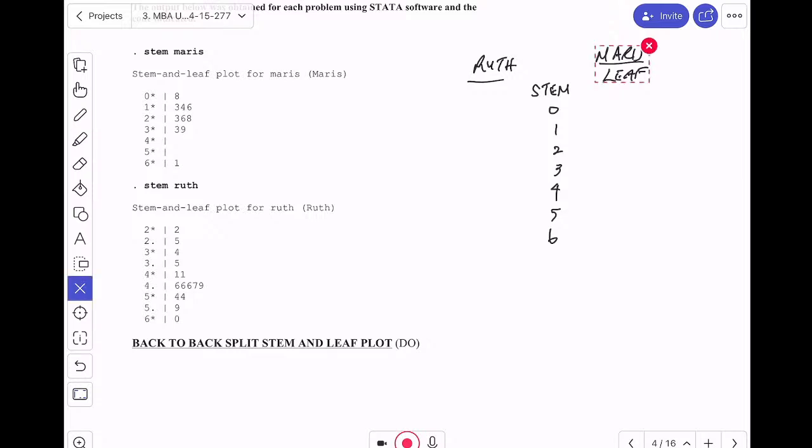Okay, so I'm going to simply copy from this side what I have there over here.